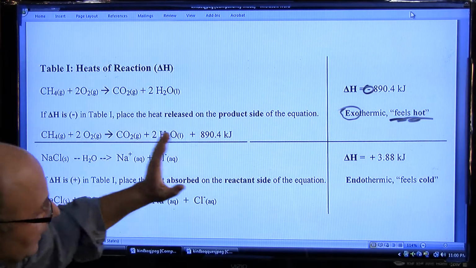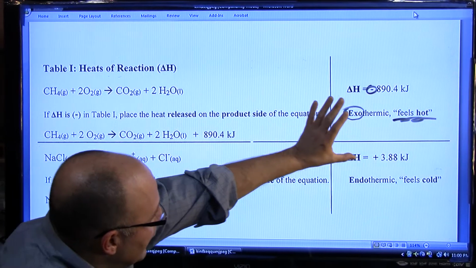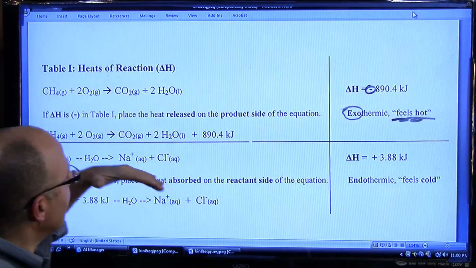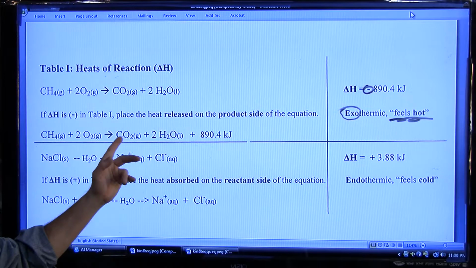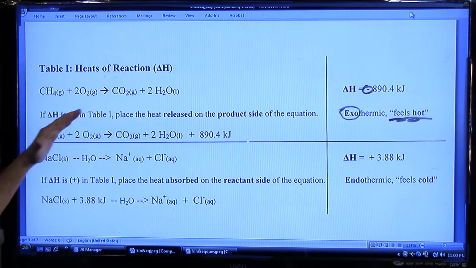If it's negative in an exothermic reaction, then we could place that heat, if we wanted to, in the chemical equation itself. So the heat released, since it's being released from the reactants, would be placed on the product side.